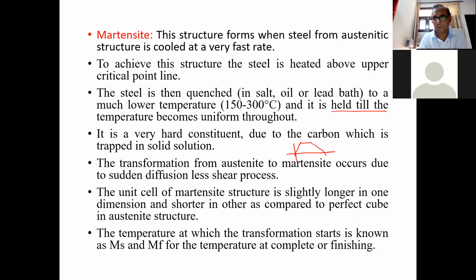But here you can see that after reaching this temperature there is something more. We heated up to the upper critical temperature, held it for some time, then cooled it. But down to where? 150 to 300 degrees centigrade, and here we stopped again, so there is a holding time again. Two holdings are there. Till the temperature is uniform, it is very hard, and then it is cooled.